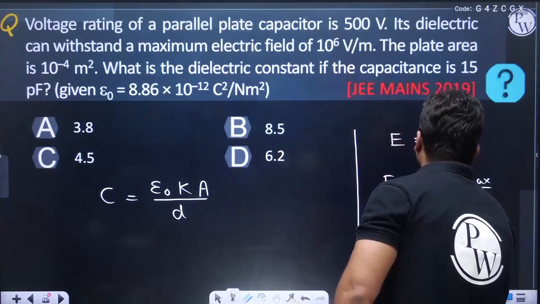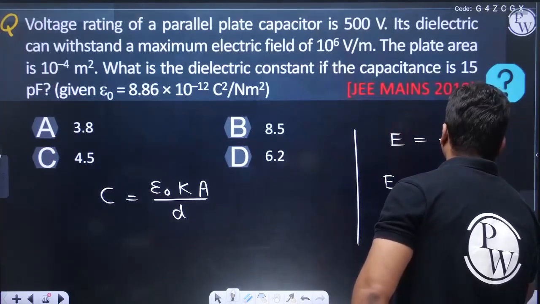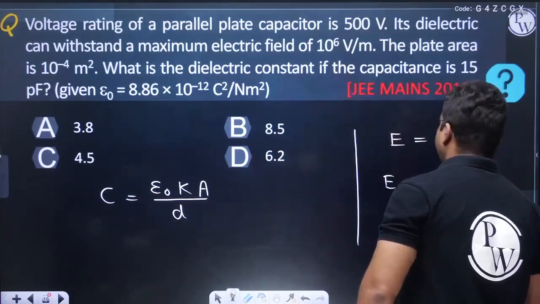So we have D as 500 divided by 10 to the power 6, that is 5 times 10 to the power minus 4 meter.